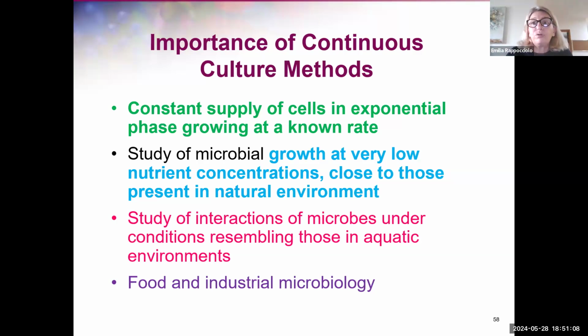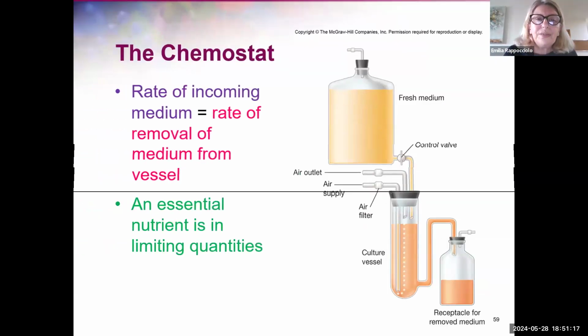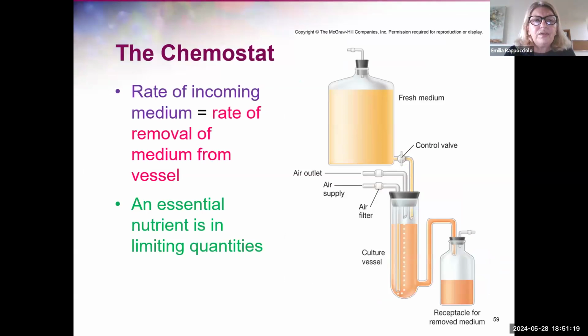When I want to make yogurt, for instance, I need to have microorganisms. I need them not to die and to stay there. The open system which is used for this is called the chemostat.